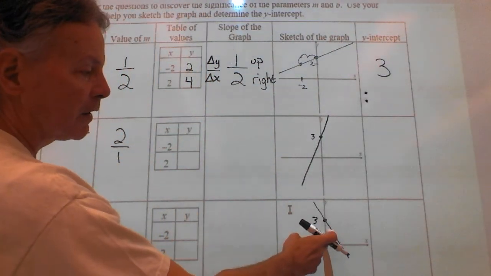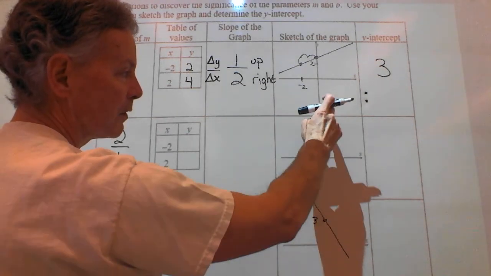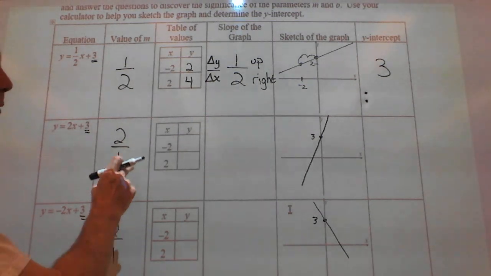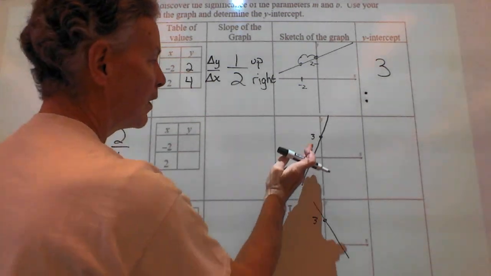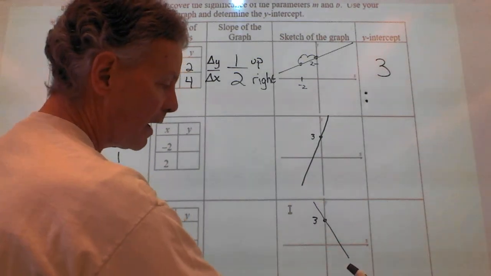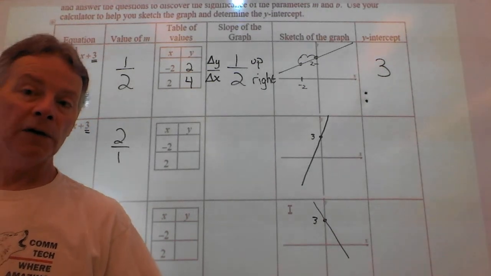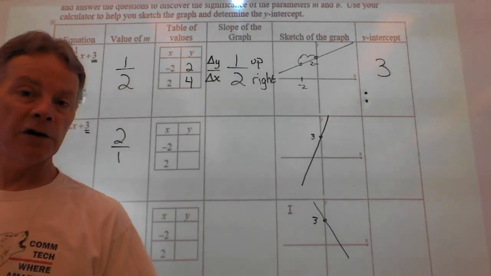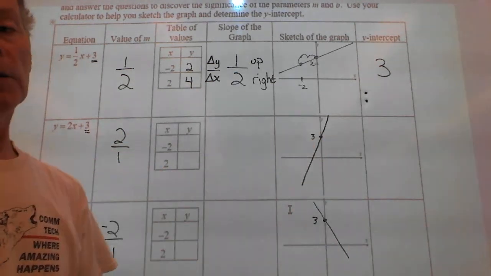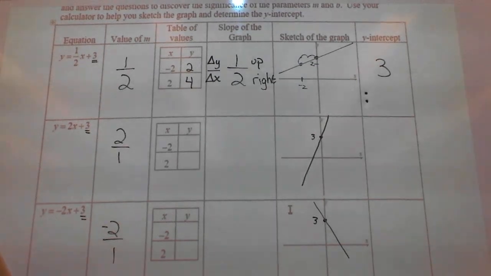Now take a look at this one compared to this one. They have the same steepness, right? They both have a slope of 2, but since this is positive, it's going to go up to the right, and since this is negative, it's going to go down to the right. So slope tells you how steep it is and what direction. Y-intercept tells you where it crosses the y-axis. Hopefully that makes a little bit of sense.